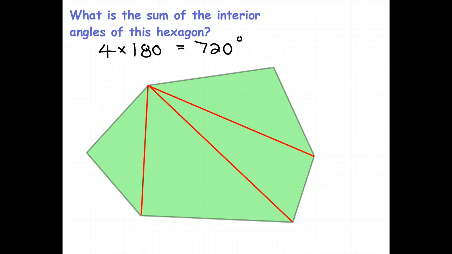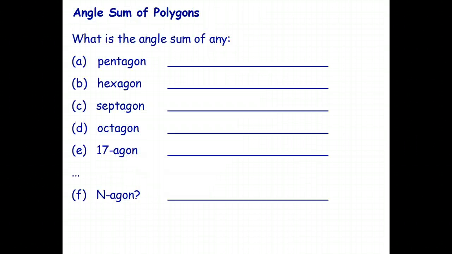So let's go ahead and summarize that. What is the angle sum of any pentagon? I'm not going to actually write the answer here. What I'm going to write is the rule for finding it, because that's what's really important. So a pentagon is just 3 triangles, so 3 times 180. A pentagon, by the way, has 5 sides. A hexagon is 4 times 180, and a hexagon has 6 sides.